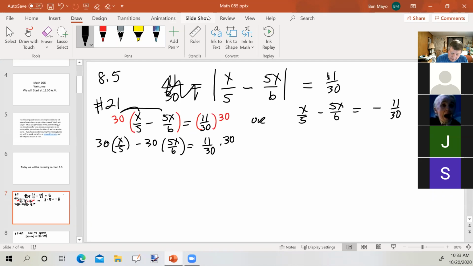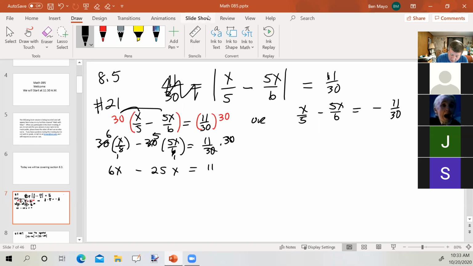Going back and simplifying each product, 30 over 5 is 6 over 1, so I get 6x. 30 over 6 is 5 over 1, so minus 25x equals 11.